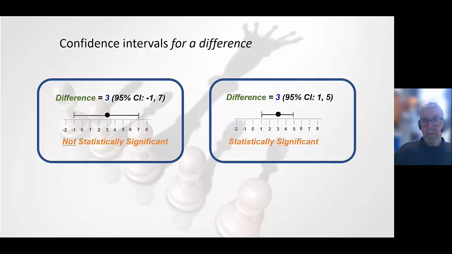You'll see that again the measured difference is still 3, but now the range of plausible values given by the confidence interval does not include the value 0. Zero difference is therefore not a plausibly true value for the population from which this sample has been drawn. For this second example, we can reject the null hypothesis and can claim statistical significance.